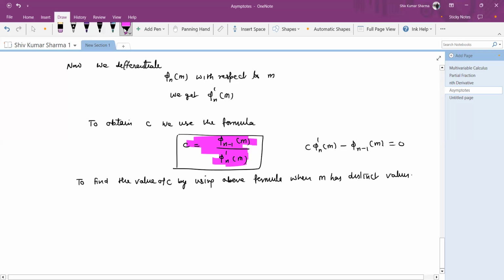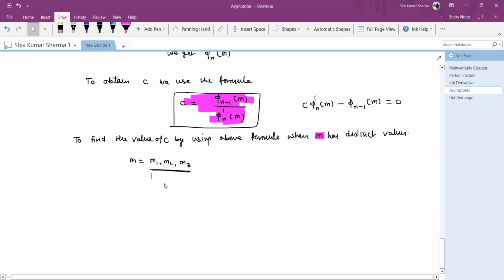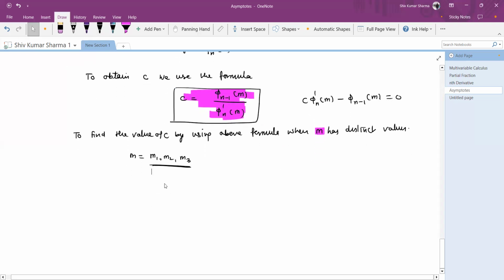Now we will talk about the repeated values. Distinct values, you understand? Distinct means m having values m1, m2, m3. The values are distinct, they are not common. So we can use the above formula for obtaining the value of c.